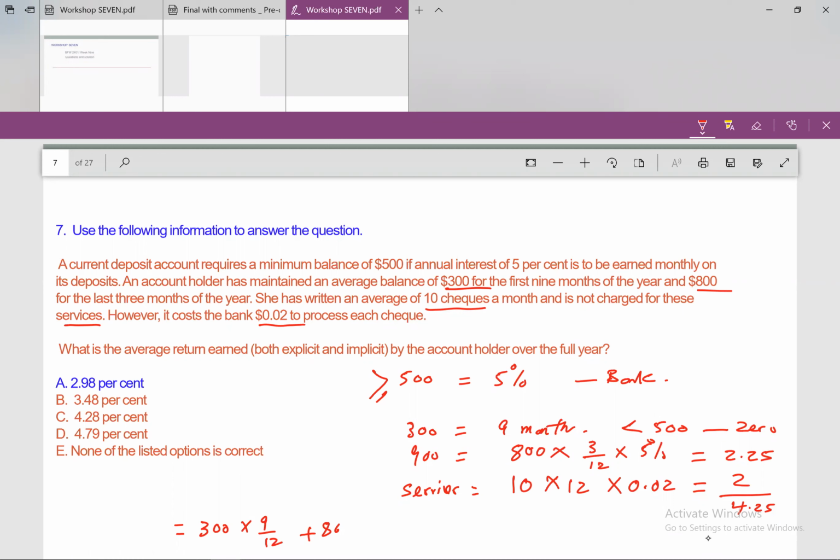So 800, 3 over 12. This makes the average 425.